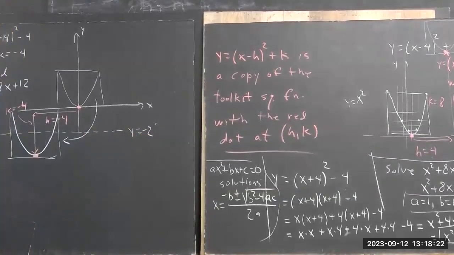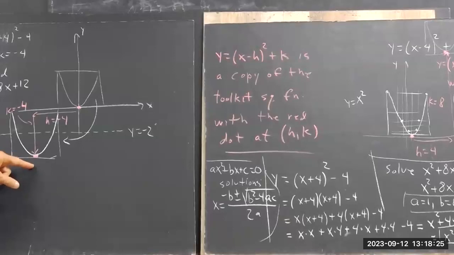Y equals -2 goes here, about halfway between 0 and -4, right? So -2 has to go right through the middle of this.